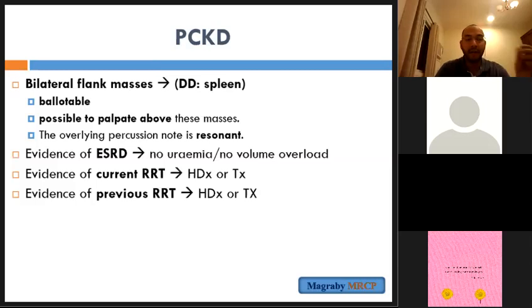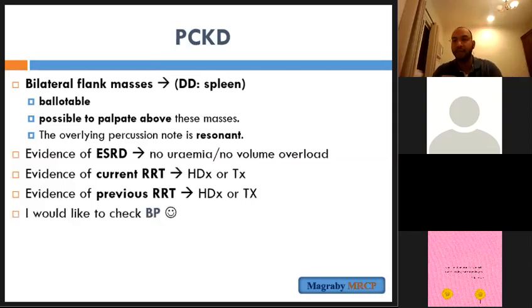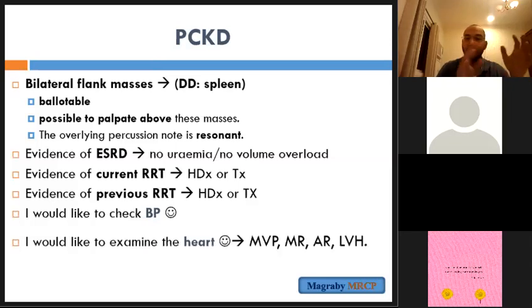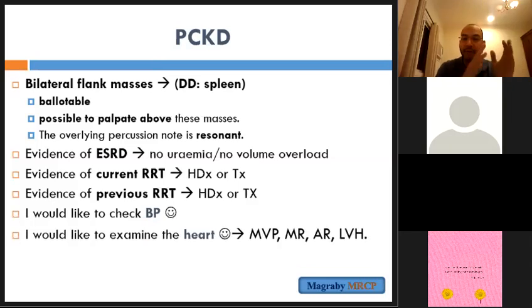I'd like to examine the blood pressure for this patient, and I'd like to examine the heart because you know the associations of polycystic kidney disease. This patient usually has hypertension. They have valvular heart disease, especially mitral valve prolapse, mitral regurgitation, and aortic regurgitation.